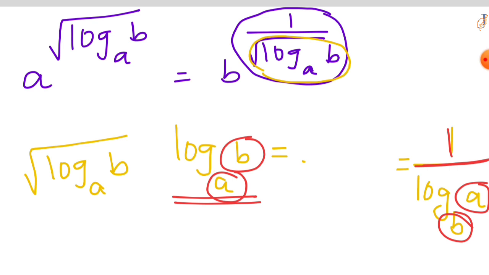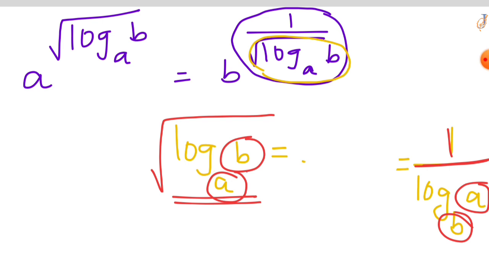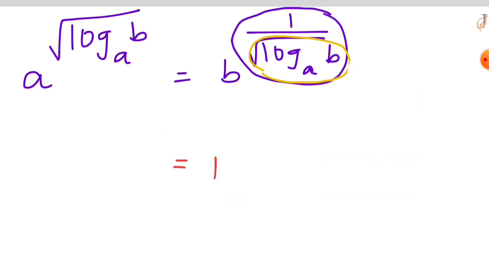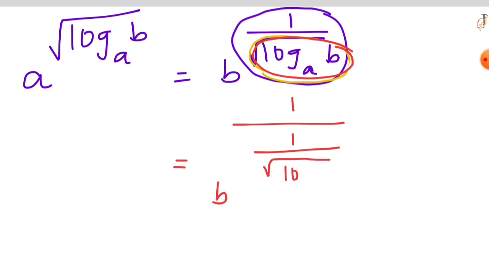Similarly, take the square root. If you have a square root of log base a of b, we can write this as 1 upon square root of log base b of a. Use this property in our expression. B raised to the power of 1 upon the denominator, we can write it as 1 upon square root of log base b of a.